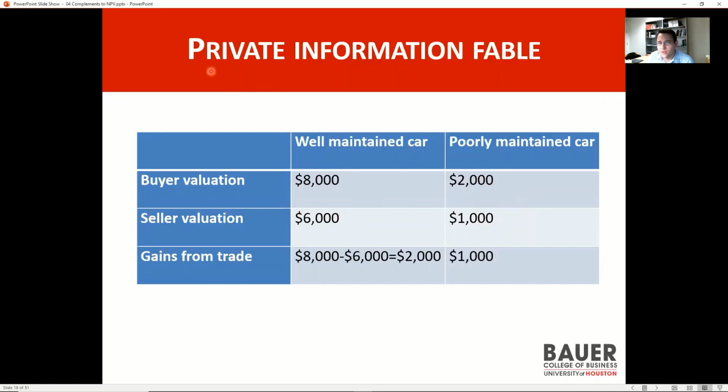Here's the wrinkle. Here's where this private information shows up. Who knows whether the car was well maintained or whether the car was poorly maintained? Well, this is a classic example, the market for lemons, right? The seller knows. The seller is the one who is doing all the maintenance. So the seller knows whether they skipped some oil changes.